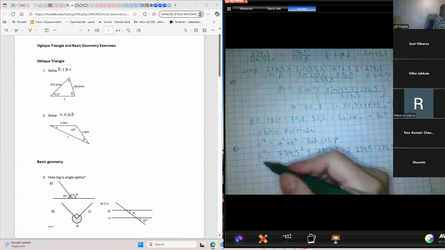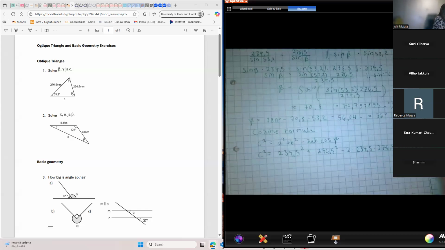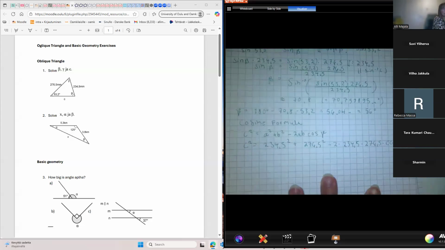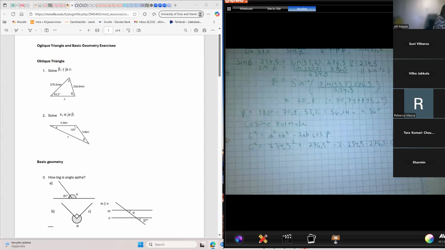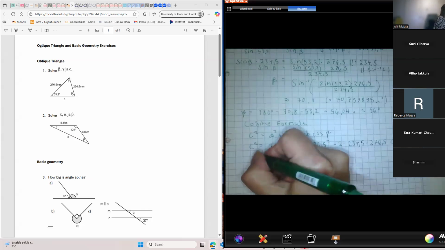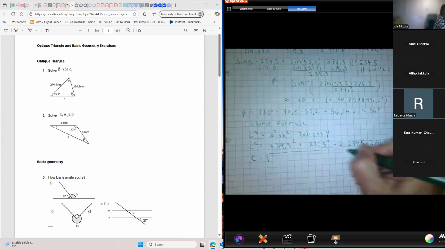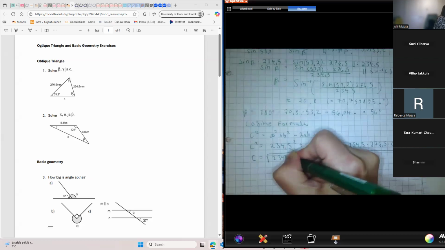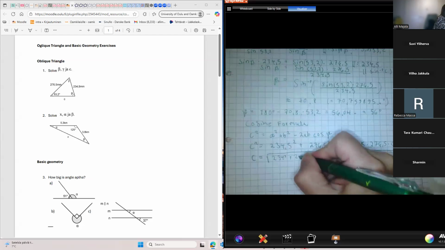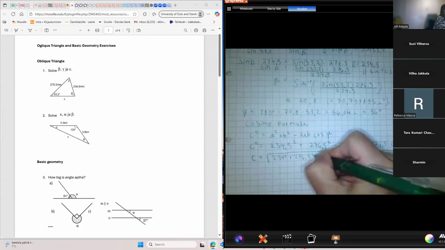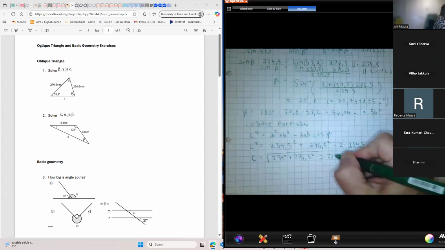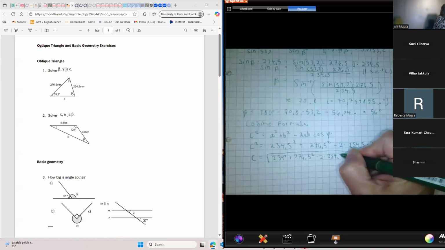And then I want only the C. So then I still have to take the square root of the whole thingy. So the C is the square root of the whole thingy. Or then I can take it later from the answer, yeah. If my calculator is up for it.